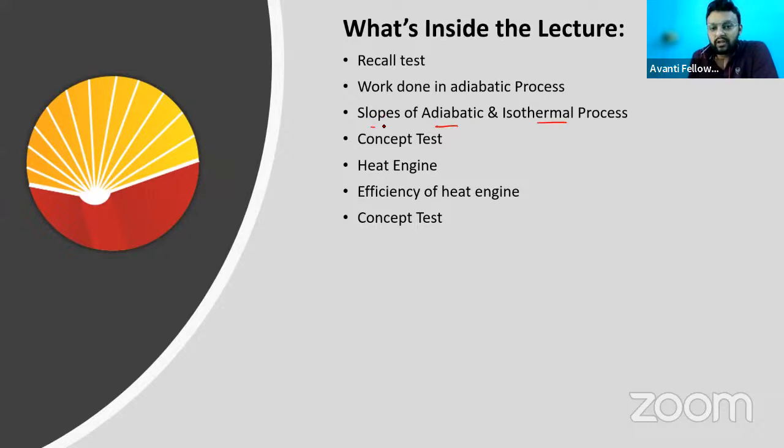These slopes might come in a 1 mark multiple choice question. There will be a concept test. Then we will discuss the heat engine and the efficiency of a heat engine. There will be one more concept test there. That's all we are going to discuss in today's class. We will deal more with numerical problems or conceptual problems in the weekend class. So that's the idea for the further classes.